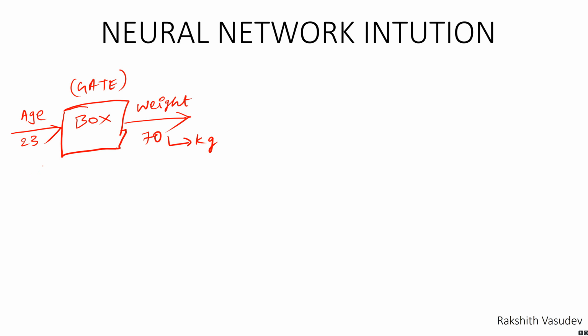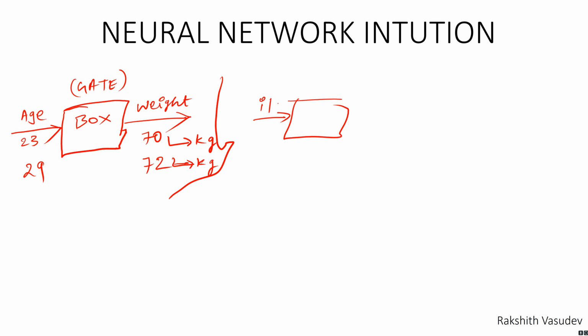You pass in 29, it outputs maybe 72 kgs. So think of it like a predictive model. Basically what is happening inside this box is you are giving in some inputs and it is throwing out certain outputs.